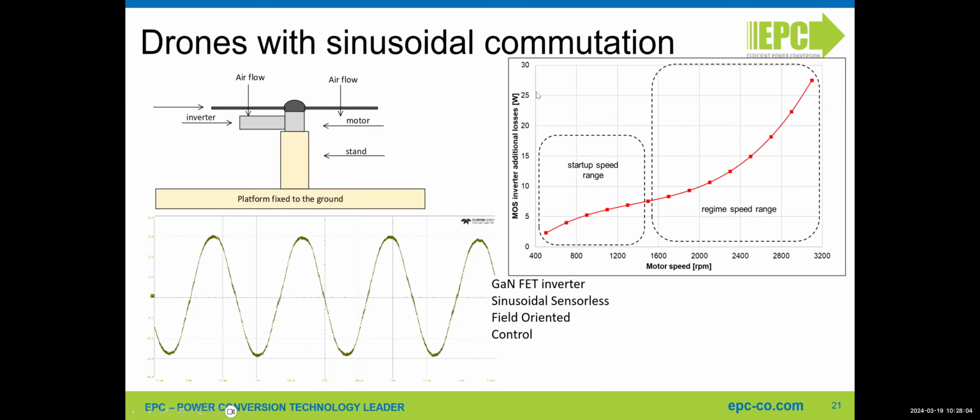Again, if you do the math and multiply this by the number of motors in the drone, then you understand that the motors themselves become more efficient, and then the system becomes more efficient. So I just gave 2 examples from the application point of view.